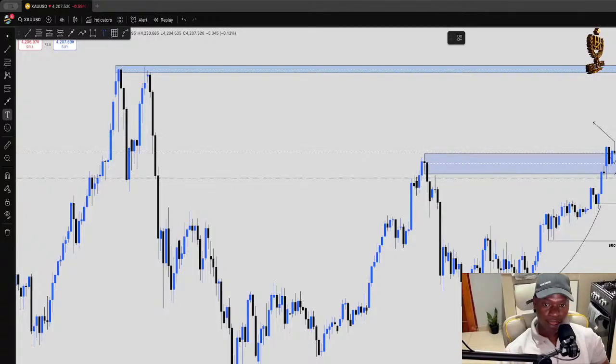Then it dropped again below my entry point. So when it retraced back, I said no, now we can sell gold.